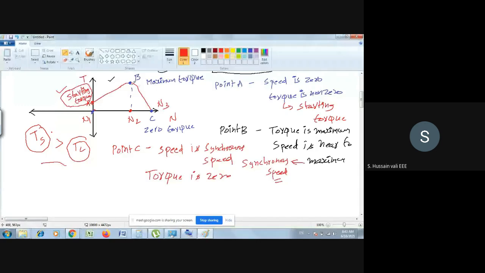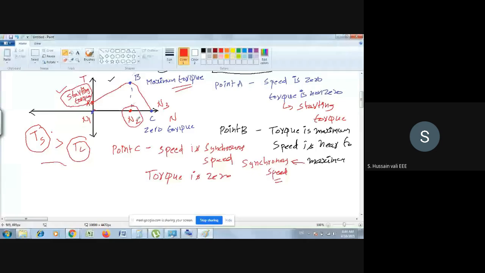Why is this required for us? See, I just told you that, for example, instead of a washing machine, you have a grinder. I hope you know that the load torque in a grinder is very high. You can tackle that by making the induction motor achieve maximum torque by running it at a certain speed.